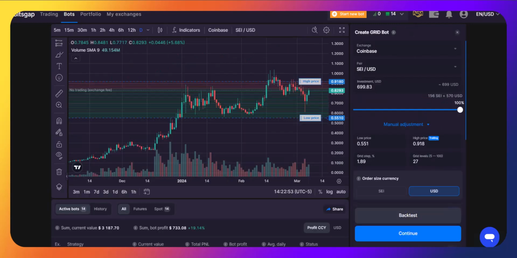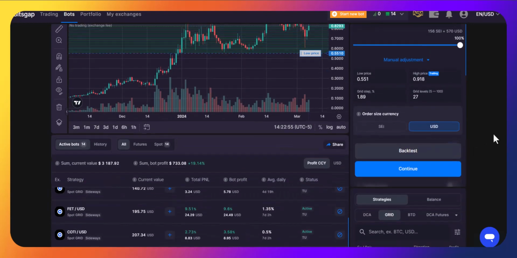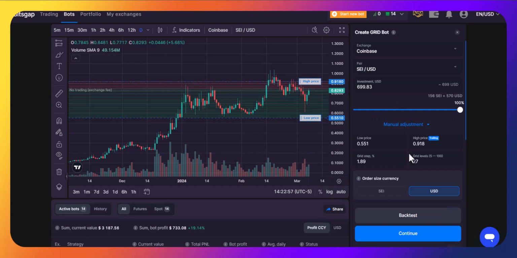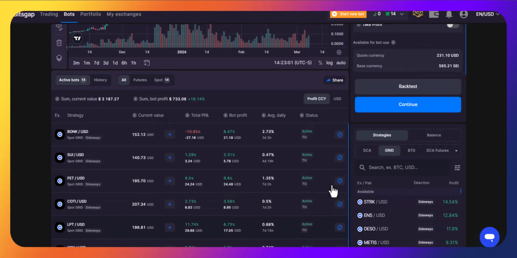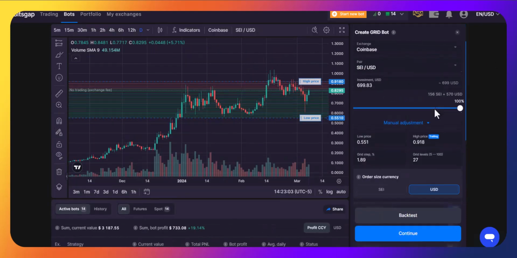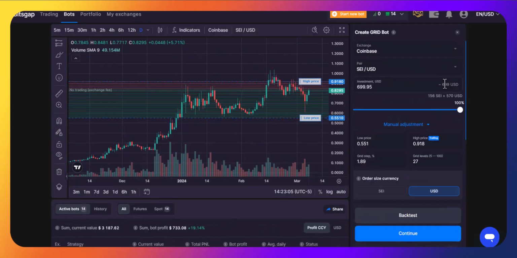We're going to do the same exact thing and have around $500 trading in that bot. Excuse me, sorry. We have 600, so we're going to move this down to about 500. There we go, 504 is now going to be placed into this bot.